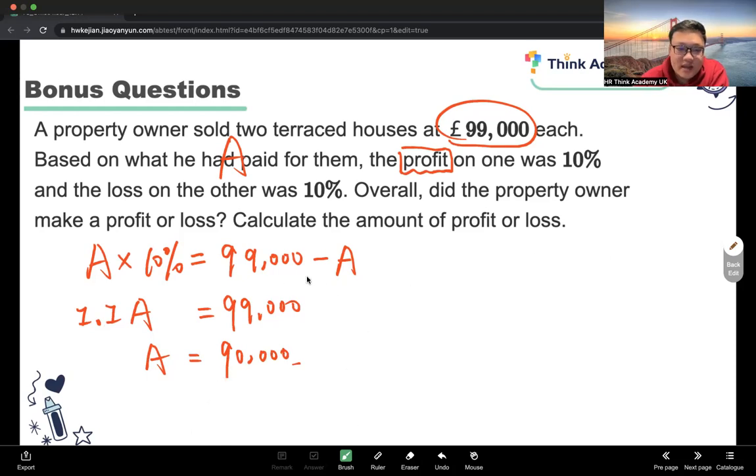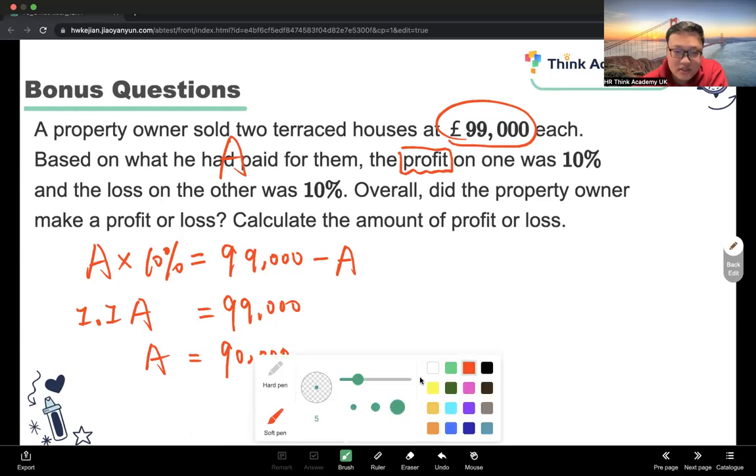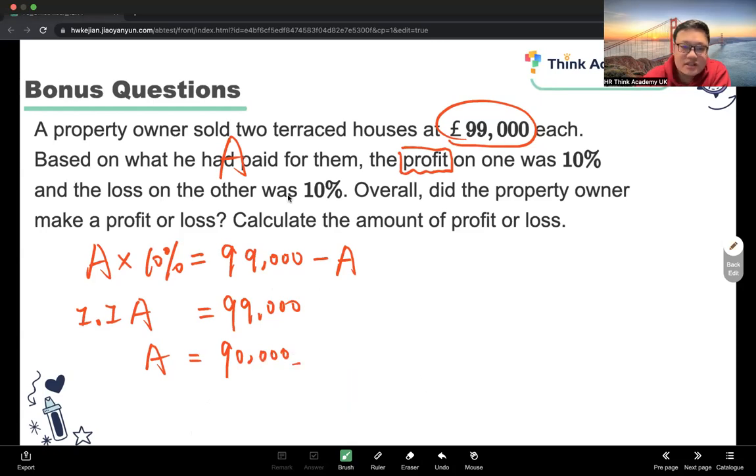And for the second one, we got a loss. We got a 10% loss. So for the second one, we're going to set, we paid for it by B amount. So this will be the loss that we have, B times 10%, right? And that equals to what? That equals the loss you have.